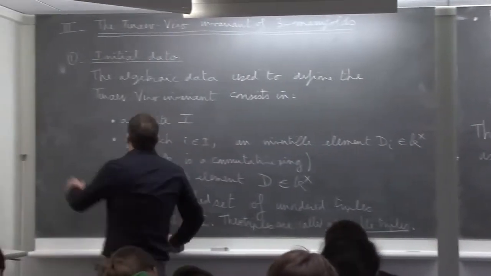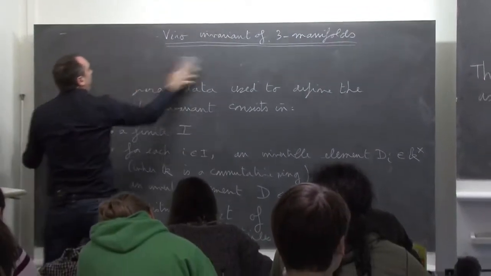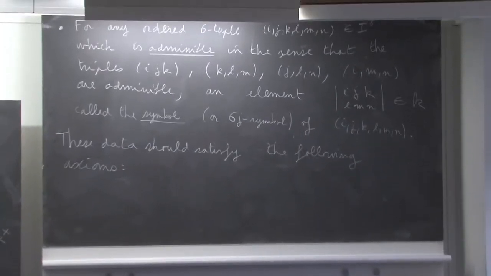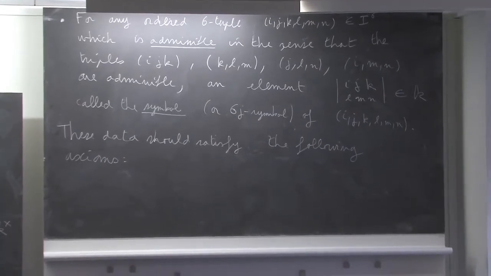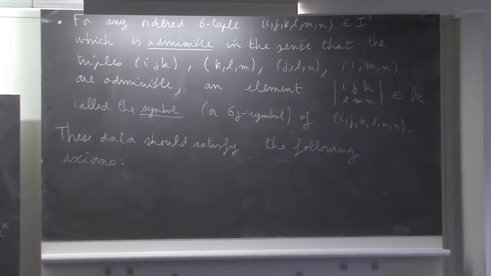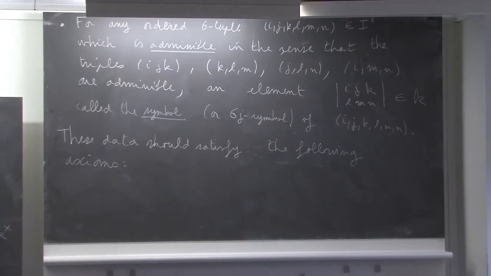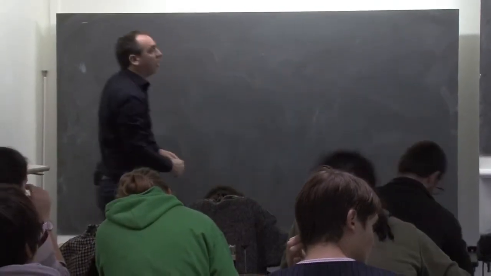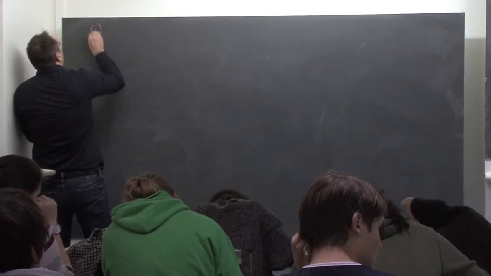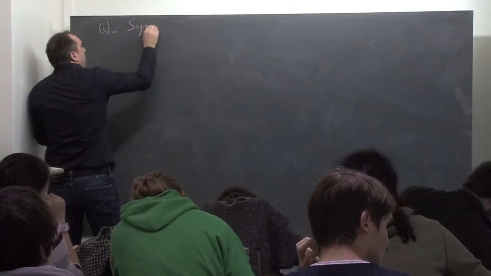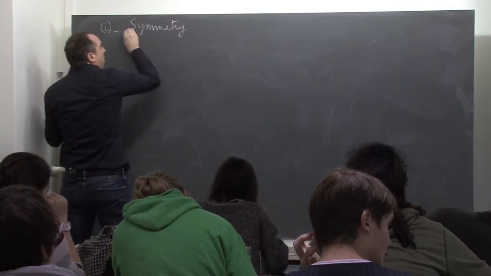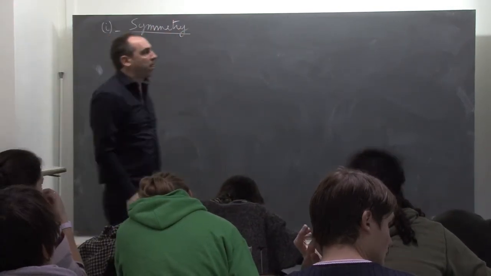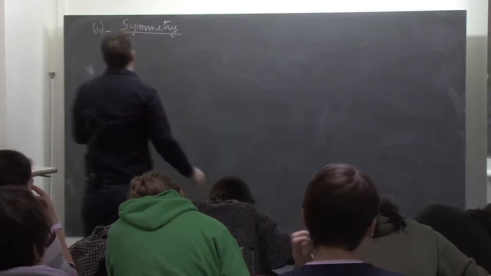So we want first, I will give the axioms and then I will explain them during the construction of the invariant. So the first axiom, I call it symmetry, means what?